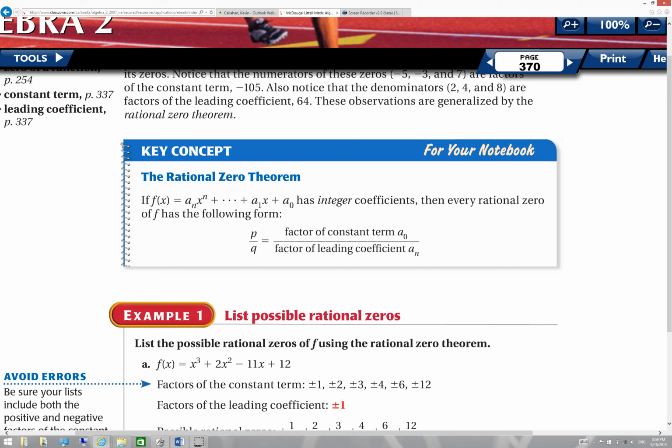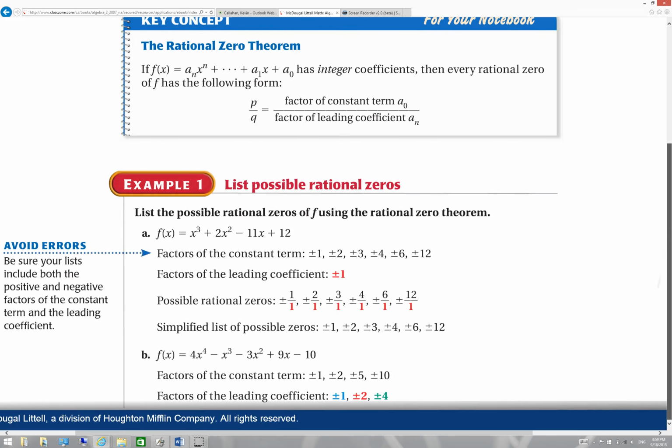Now, normally what you would do, and this is going from my book now, not the thing you sent me, is you would test those zeros. You plug them into the function and see whether they lead to f of x equals 0.